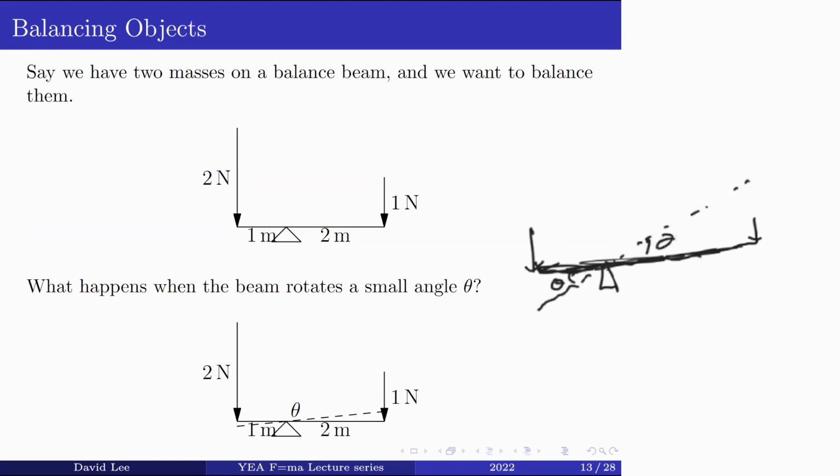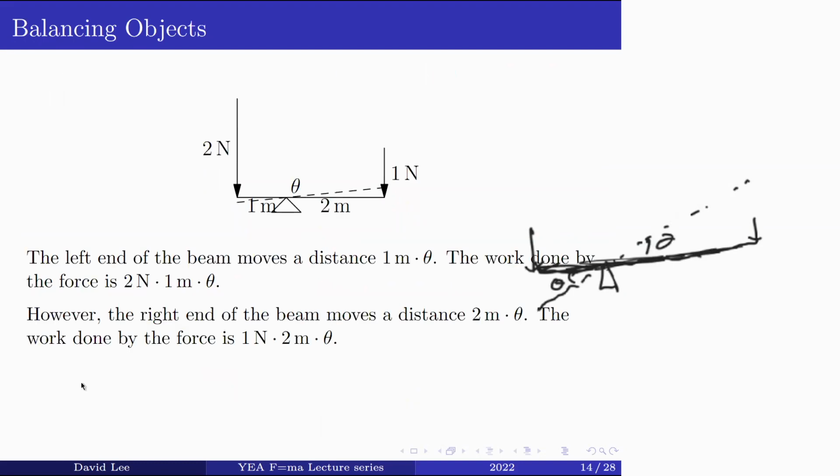Well, what would happen is that this end of the beam moves the distance of, say in my example, it was 1 meter and 2 meters. So this end of the beam would move 1 theta, but this end of the beam will move 2 theta. All right. But what does this mean?